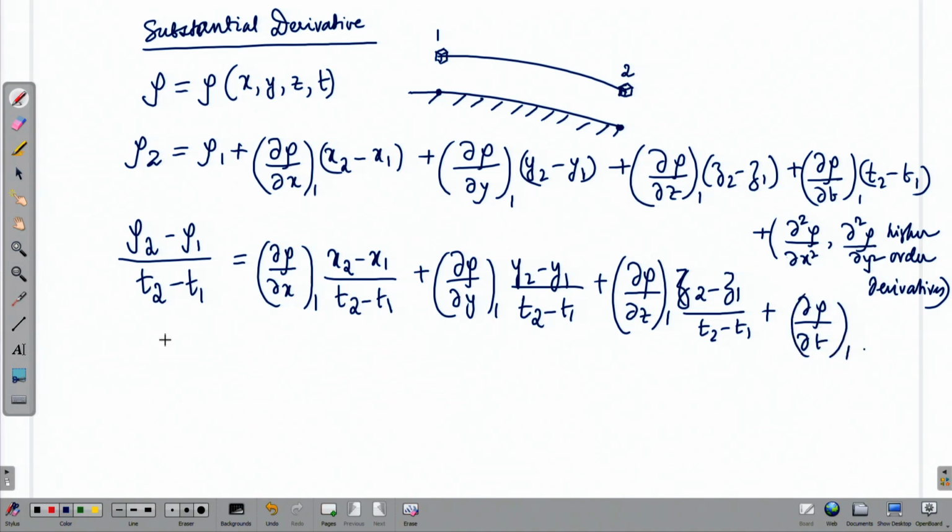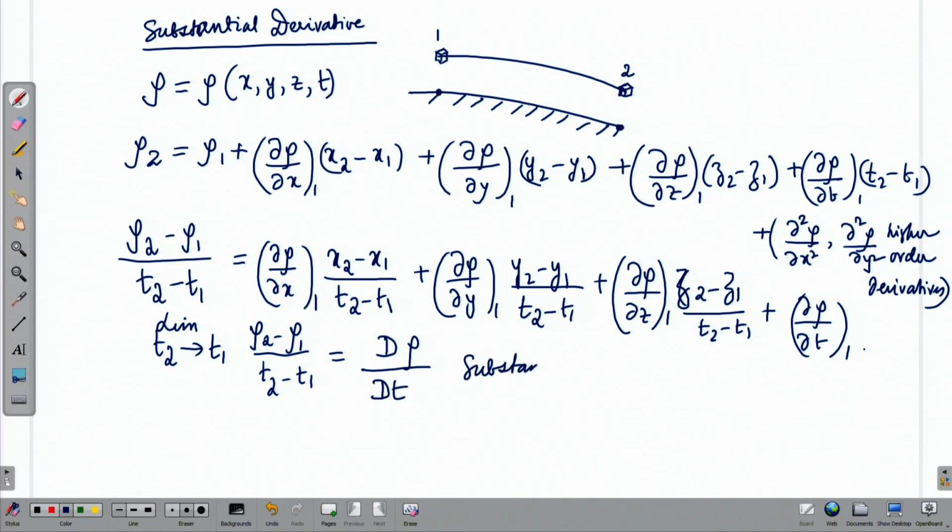Now, if you say that T 2 tends to T 1, that means T 2 minus T 1 tends to 0, then in that limit rho 2 minus rho 1 by T 2 minus T 1 will be called capital D rho Dt, which is the substantial derivative.